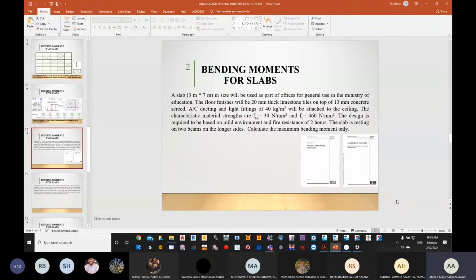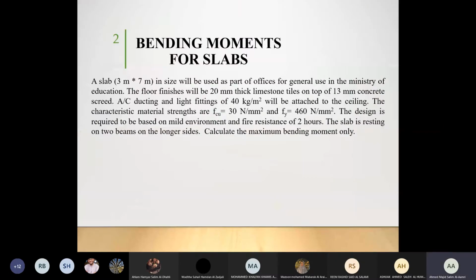So today's problem starts with this particular question. It gives us a slab which is 3 meters by 7 meters, which will be used as part of offices for general use in the Ministry of Education. The floor finishes will be 20 mm thick limestone tiles on top of 13 mm concrete grid.